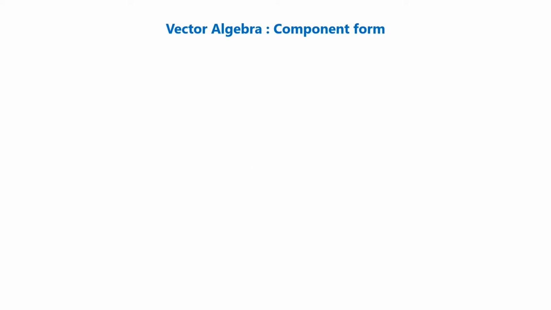Let's now consider the different rules in vector algebra when we consider a vector in the component form. Rule 1. To add vectors, add like components.